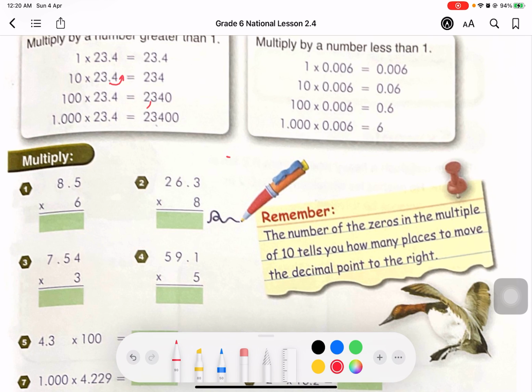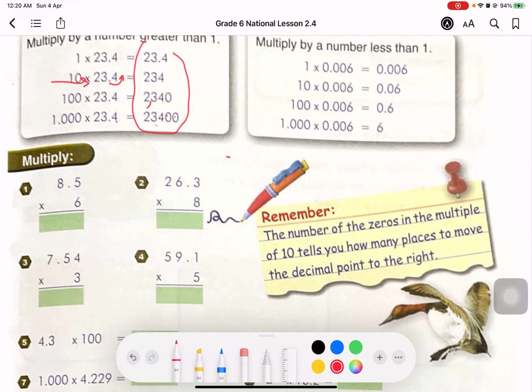Now, if you are multiplying by 1,000, your decimal will move 3 places. 1 is the 4, and you are going to add 2. Okay, so my number is 23,400. Look, when I multiply, my number becomes bigger because your decimal is moving to the right.